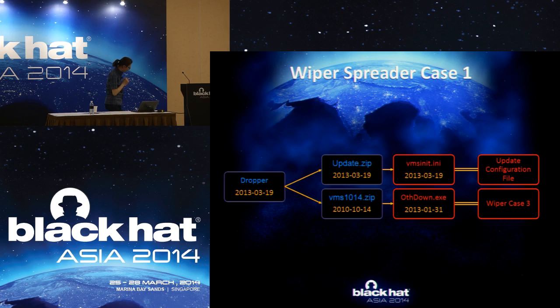Here. Until I found this, it all makes sense. It's a Webher Spreader. The dropper was compiled a day before the attack. And it dropped two zip files, update.zip and VMS1014.zip.